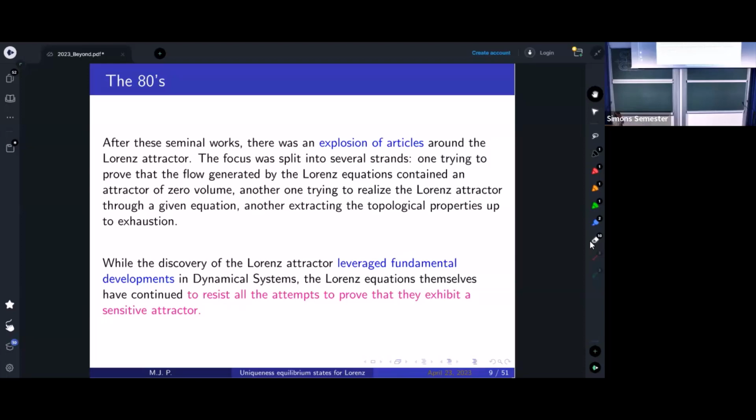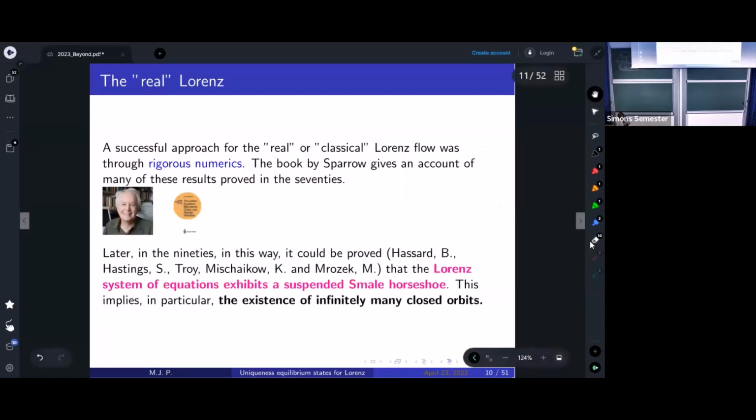But while the discovery of the Lorenz attractor led to fundamental developments in dynamical systems, the Lorenz equations themselves continued to resist all attempts to prove that they exhibit a strange attractor. A successful approach for the classical Lorenz was through rigorous numerics.